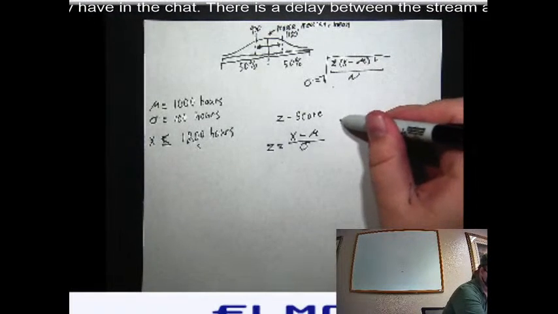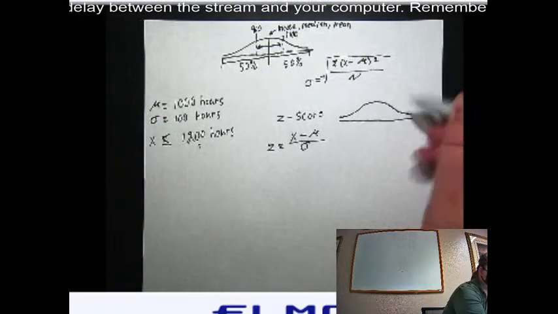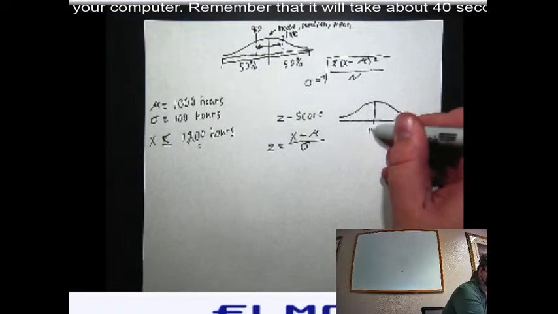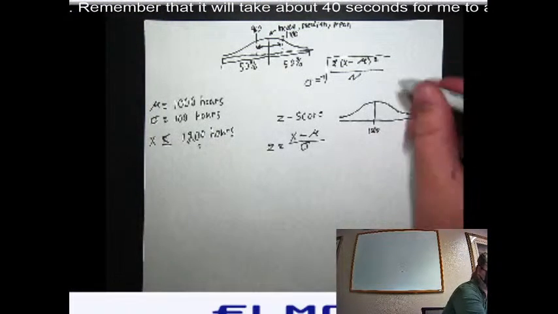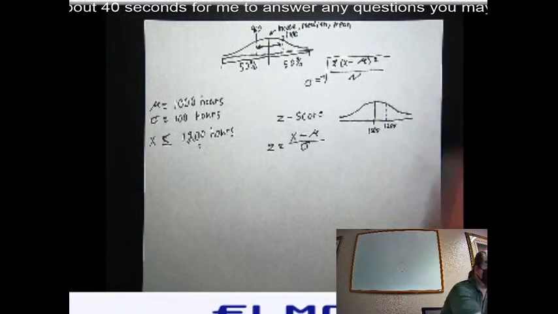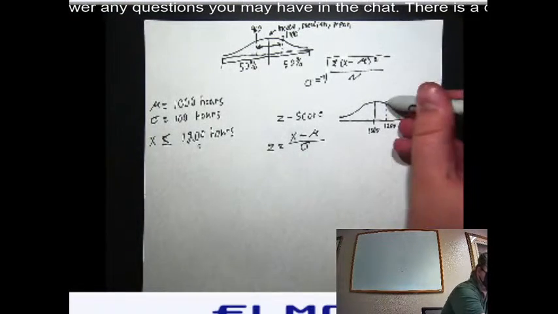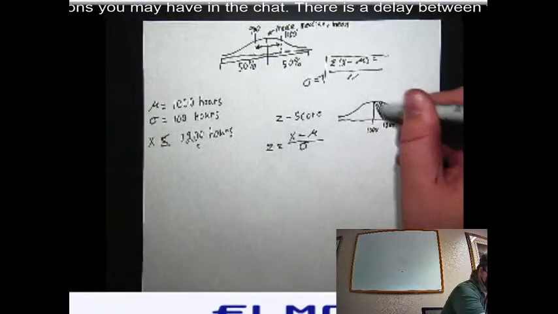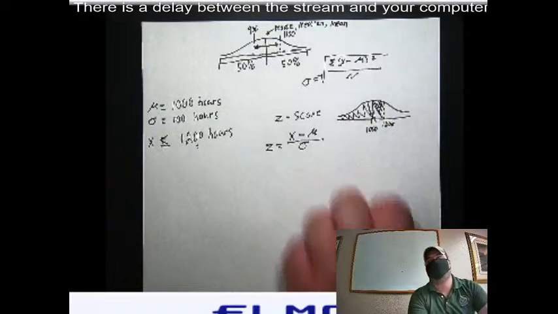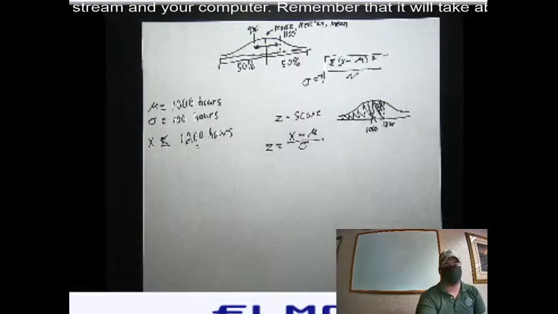What I mean by that is if we again look at this normal distribution, and again, if this is 1,000 here at the mean, but we want to look at 1,200, the z-score relates this position to the area behind it. So all of the data behind it. Does that make sense? Okay.